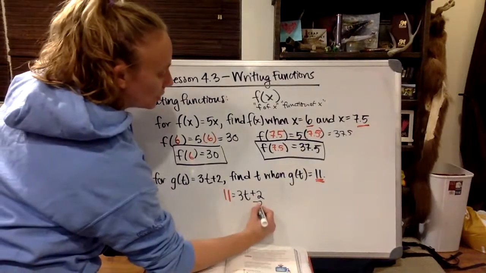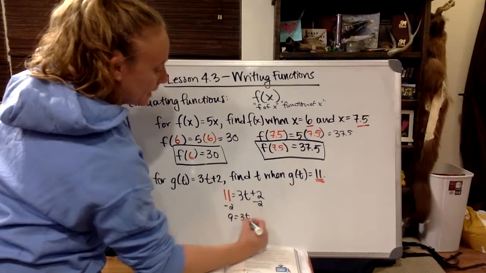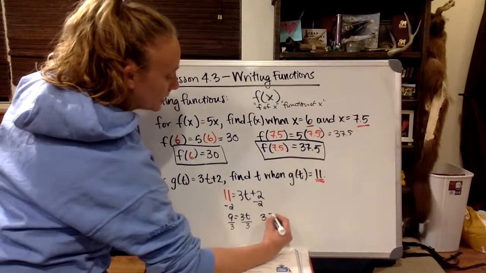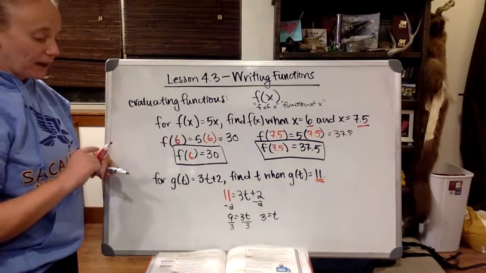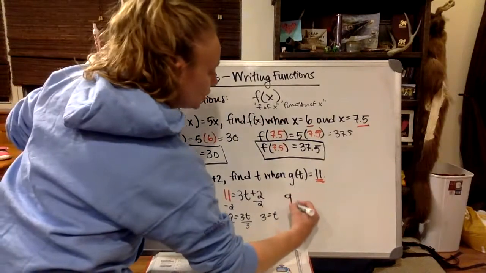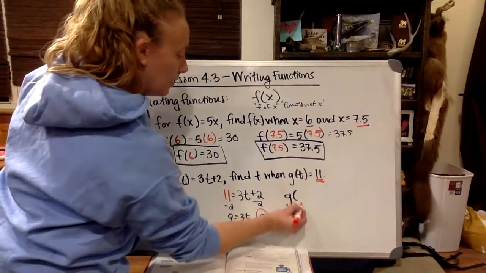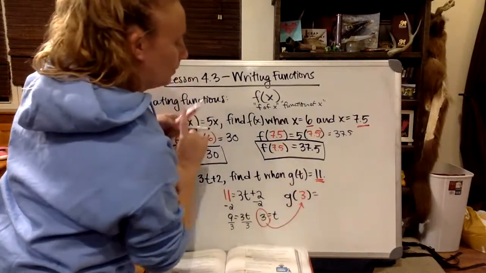I'm going to subtract 2 from both sides. I get 9 is equal to 3t, divide by 3, divide by 3. So I get 3 is equal to t. So I can now say this final answer of g of 3 is equal to 11.